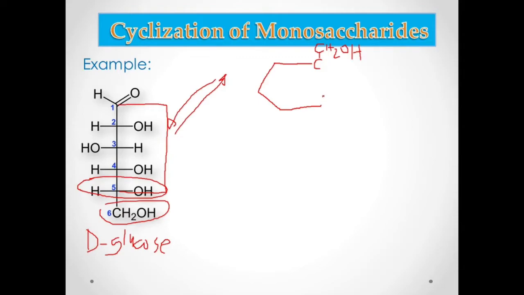Your carbon number 5 contains the H and also the OH. I will put the OH here so that we know that in carbon number 1 there is a carbonyl, C double bond O, and there is an H here.